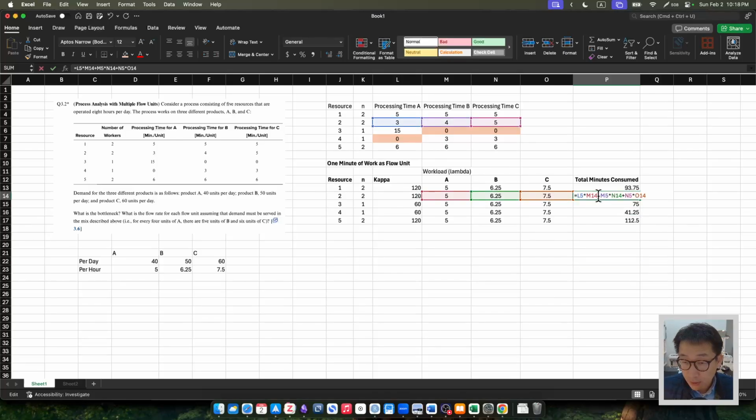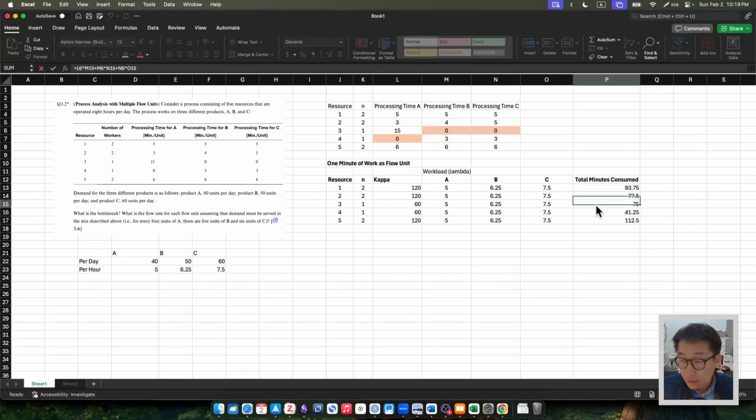Let's double check. Yeah, it's calculated correctly. This is also calculated correctly. Some of you may be puzzled by the meaning of 0 minutes per unit here. That basically means you can make B or C in resource 3 in no minutes.